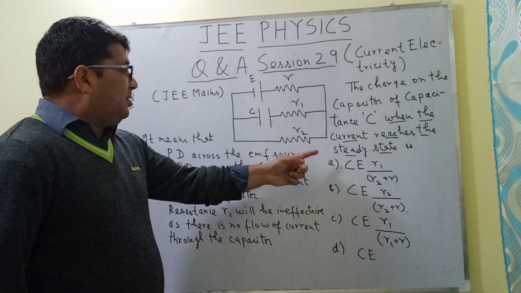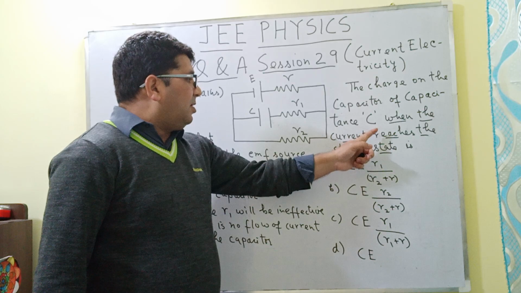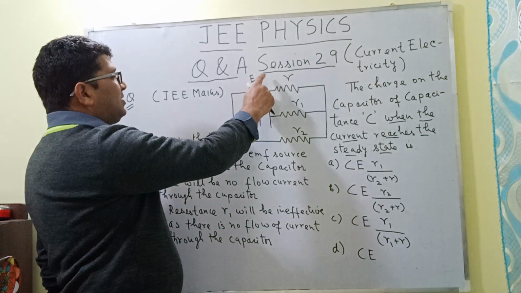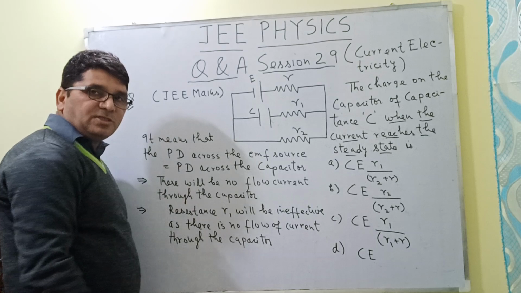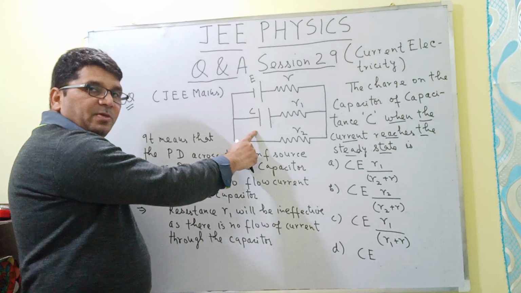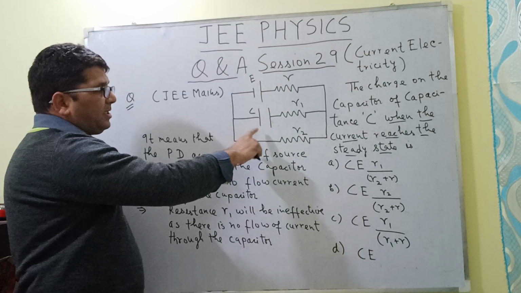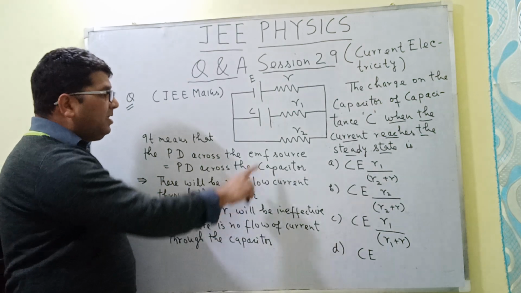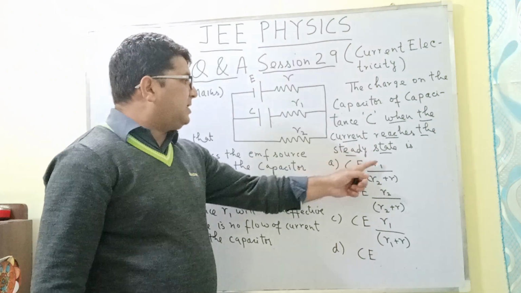So, the meaning of this steady state, that is, when the current reaches the steady state, it means that the potential difference across this EMF source and the potential difference across this capacitor is equal. And when it is so, there will be no flow of current through this capacitor, and when there is no flow of current through this capacitor, then this resistance R1 will be ineffective. So this is the meaning of this steady state.